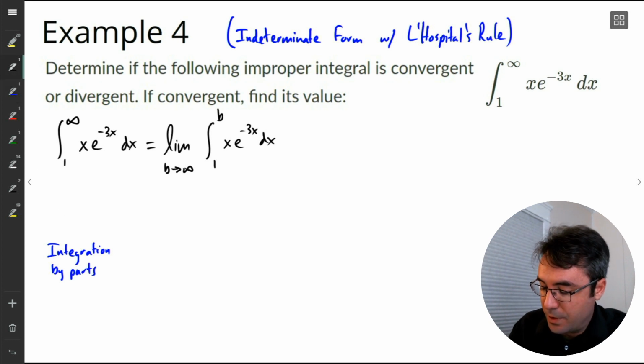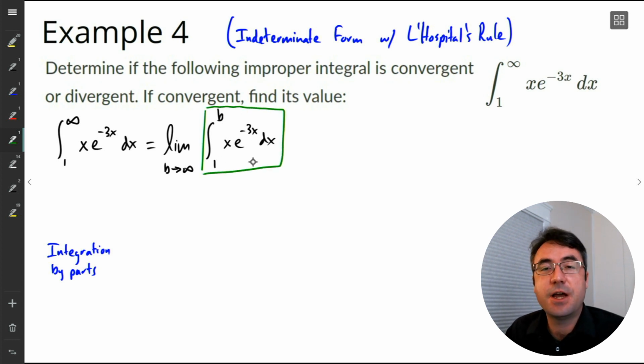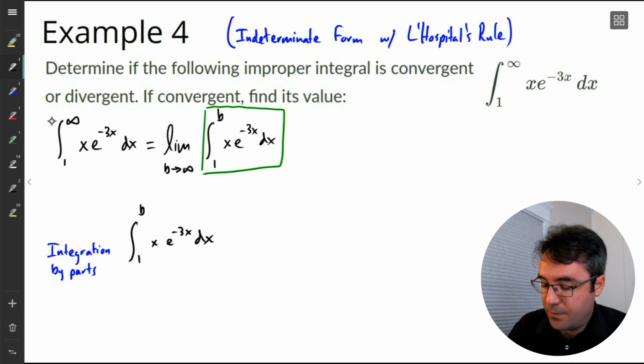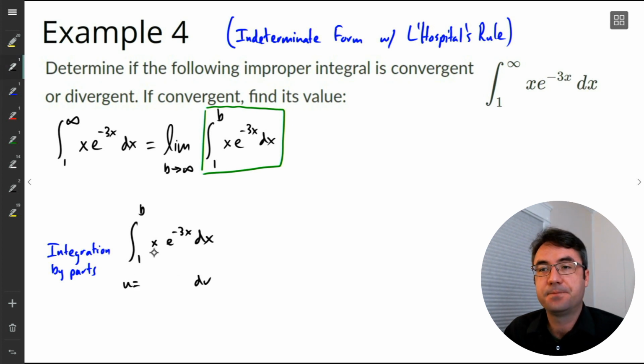So let's just work with this integral. We'll do it off to the side because this is going to take a little bit of work. This is just a nice definite integral, so let's work with it. And as we've seen, for integration by parts, we need to choose u, we need to choose dv.